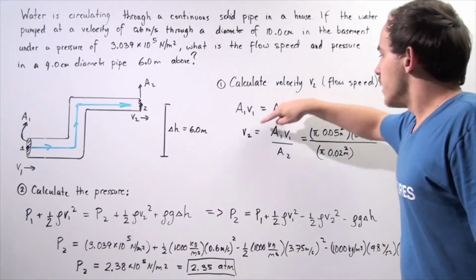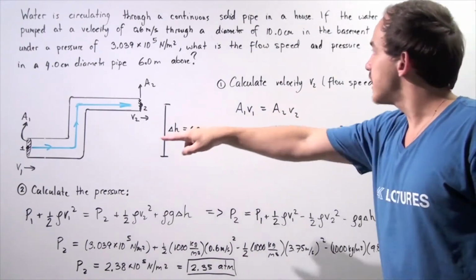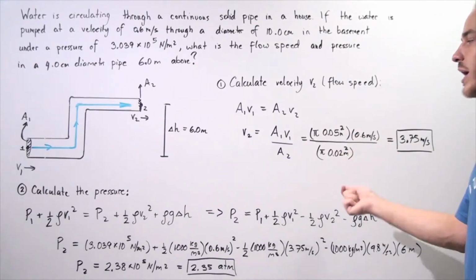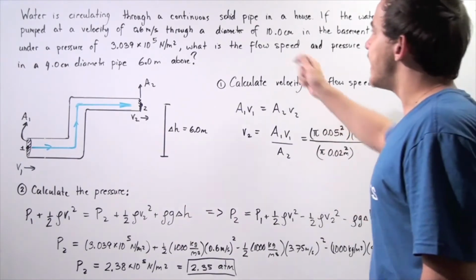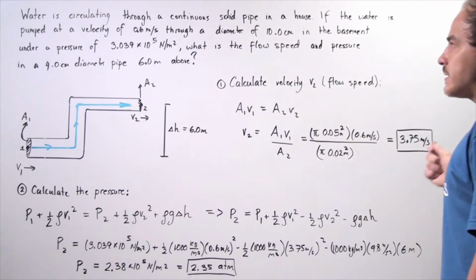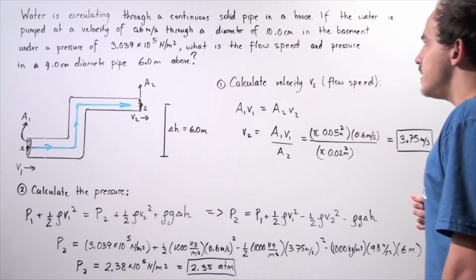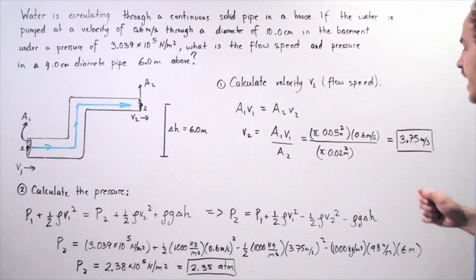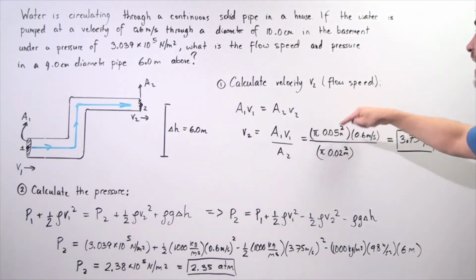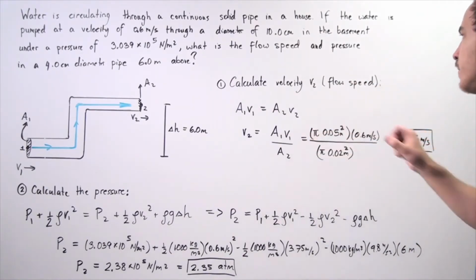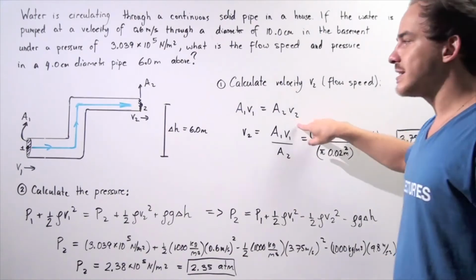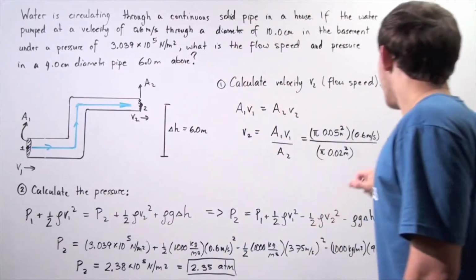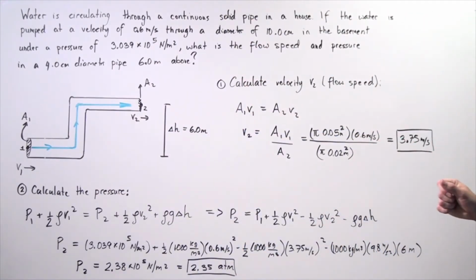So, the cross-sectional area of section 1 is simply pi times the radius squared. Now our diameter is 10 centimeters, that means the radius is 5 centimeters, and to get meters we simply divide by 100 and we get 0.05 meters squared times pi multiplied by velocity V1, the velocity in section 1 of the pipe, and that's 0.6 meters per second.